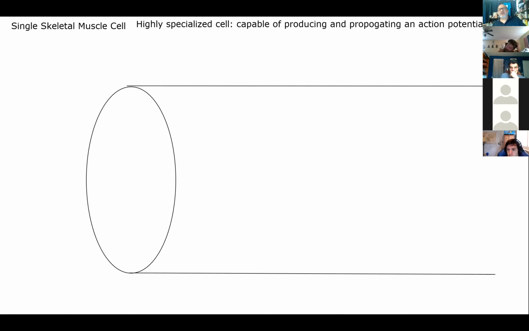And of course, as we know, cells have plasma membranes. However, as we mentioned, this is a highly specialized plasma membrane.